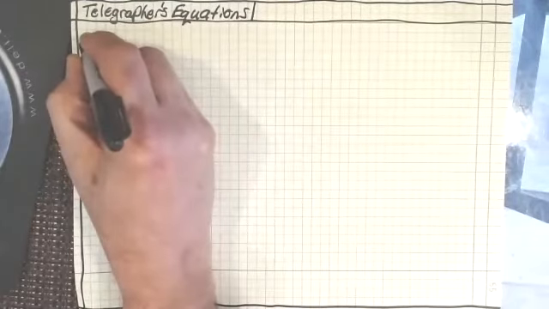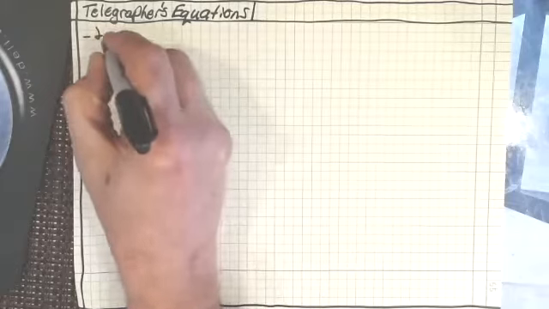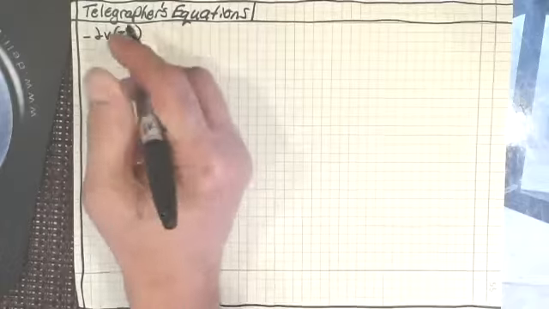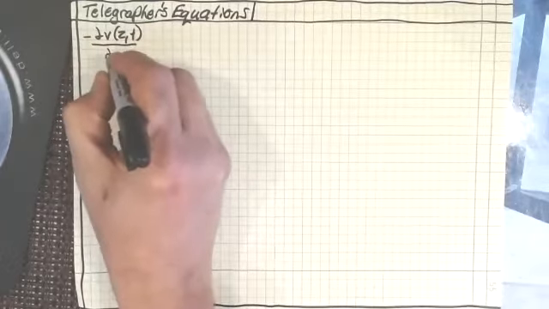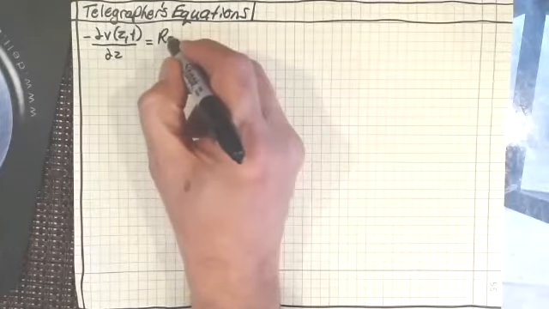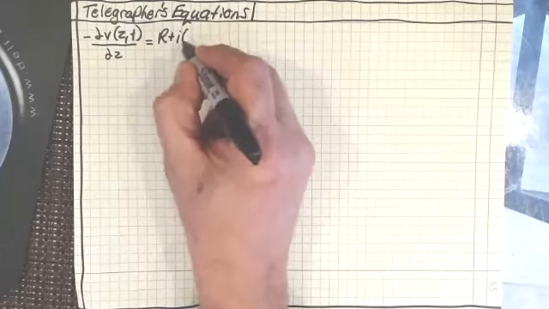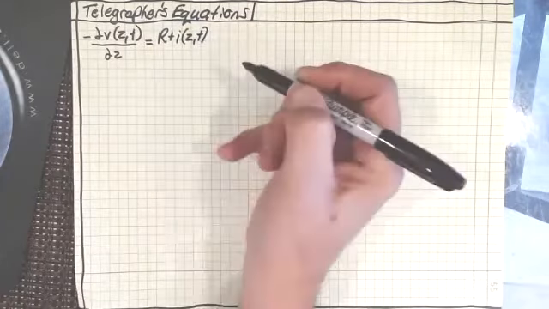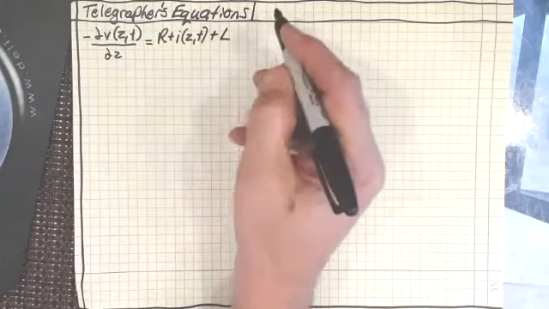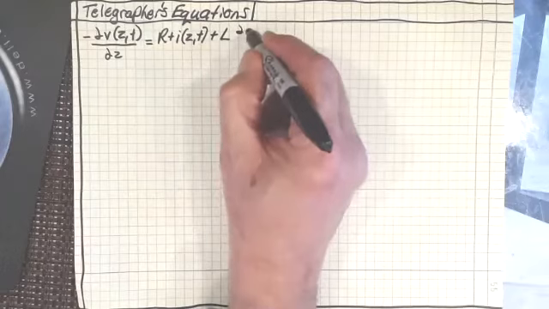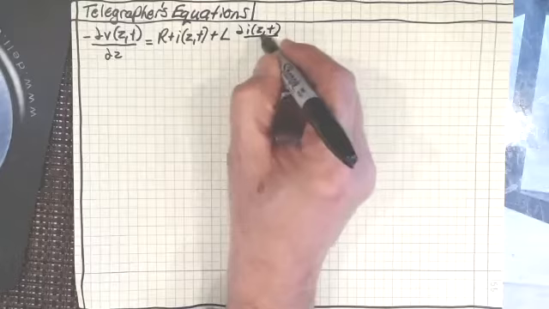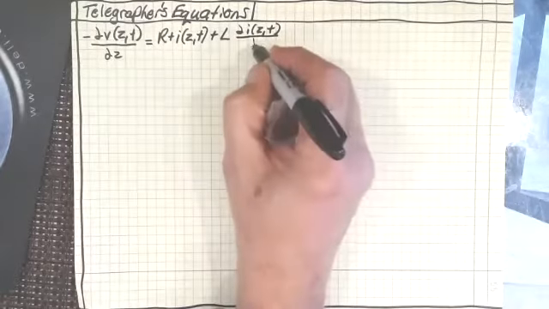So it's minus the partial derivative of v of z and t with respect to z equals R times I as a function of z and t, plus L partial derivative of I of z and t with respect to t.